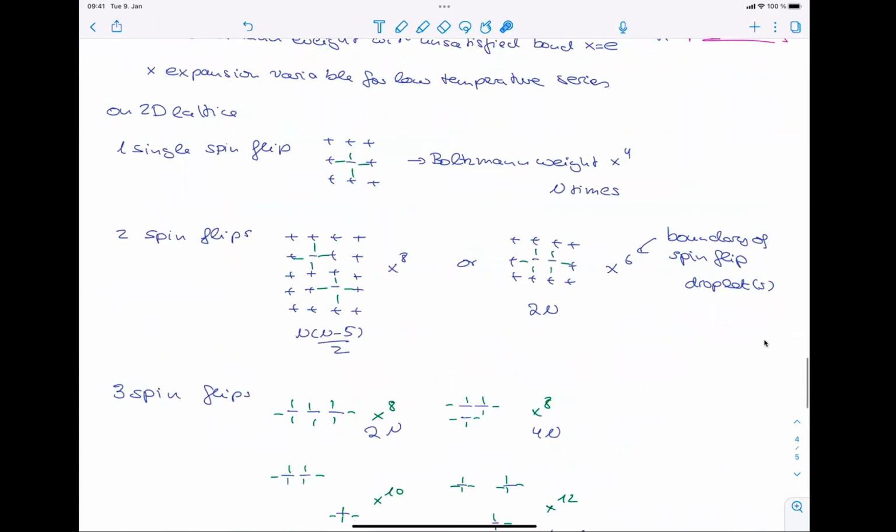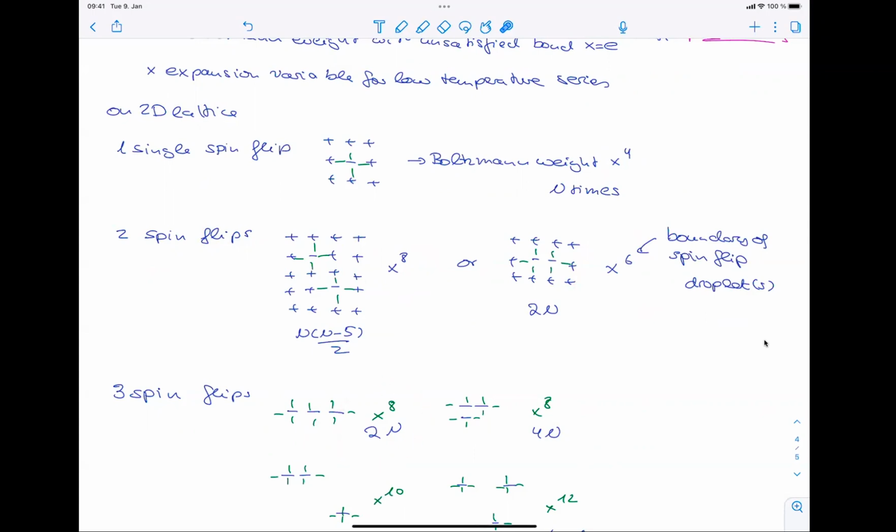And so the tricky thing, though, is that the order in x does not map to the number of spin flips, right? For a single spin flip, I can get an x to the 4, for 2 spin flips, I can get an x to the 8 term, and for 3 spin flips, I can also get an x to the 8 term.